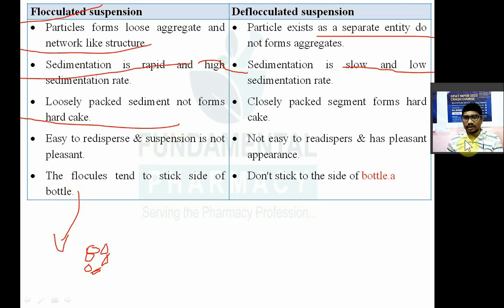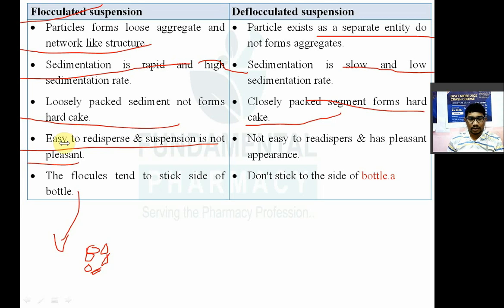But in case of deflocculated suspension, once sedimentation happens, it will form a hard cake. In case of flocculated, the cake is loose aggregate and it is easy to redisperse. The suspension does not look pleasant in flocculated.